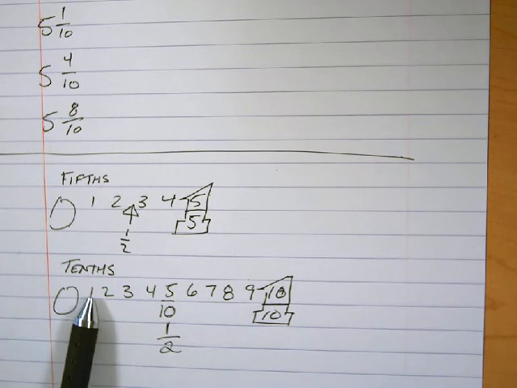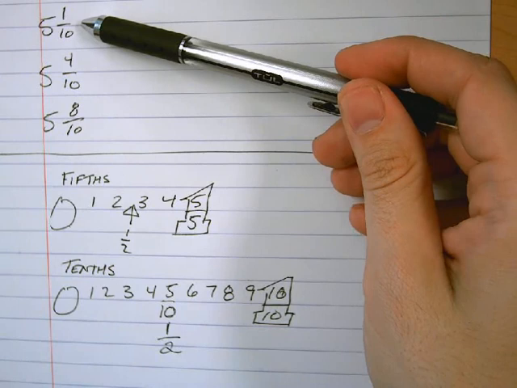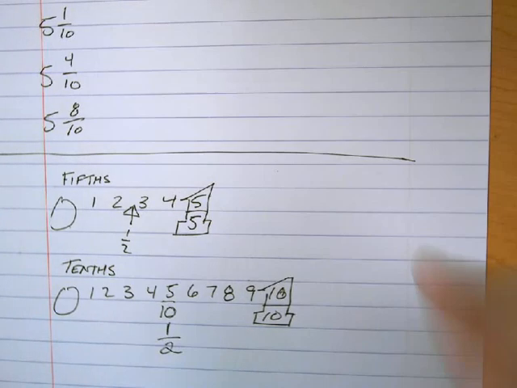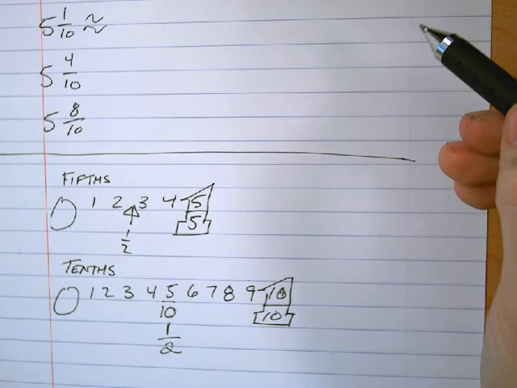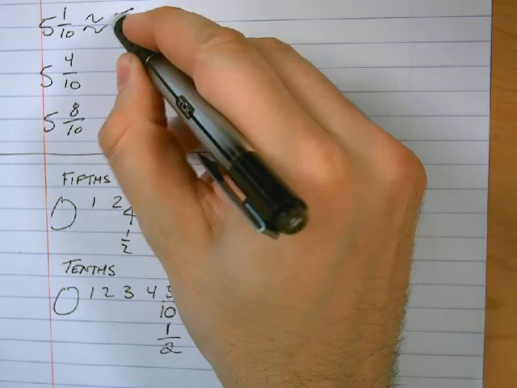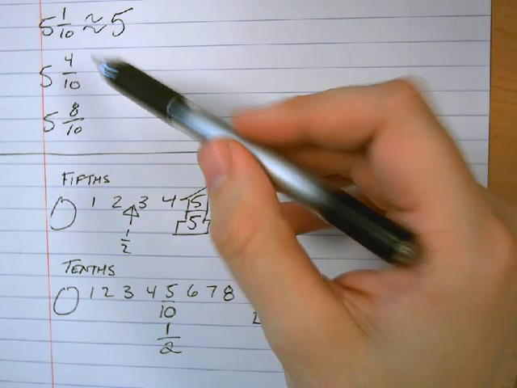I'm only close to 0, so 1/10 is close to 0. So do I round 5 1/10 to 0? No. I'm only going to round the 1/10 to 0. The 1/10 is worth 0. The 5 is still worth 5. 5 and 0 together, the sum of them is 5.